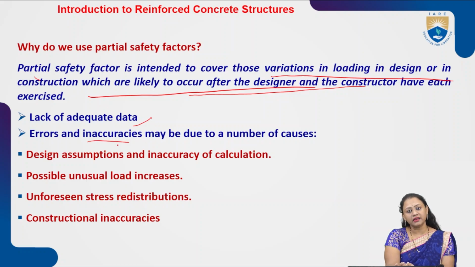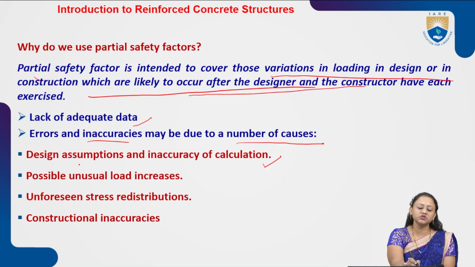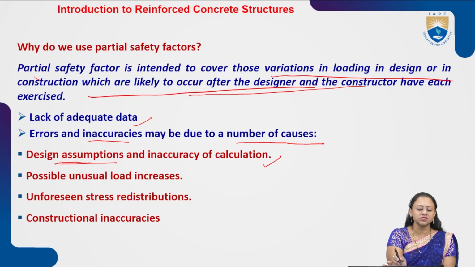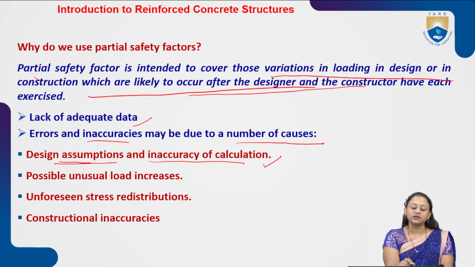These inaccuracies are due to the design assumptions and inaccuracy of calculation. The designer has taken assumptions. Whatever design we are doing is based only on assumptions. They are not highly realistic, they are just assumptions, and therefore there is going to be inaccuracy in the calculation.